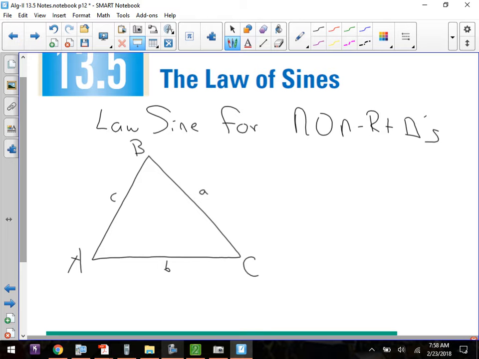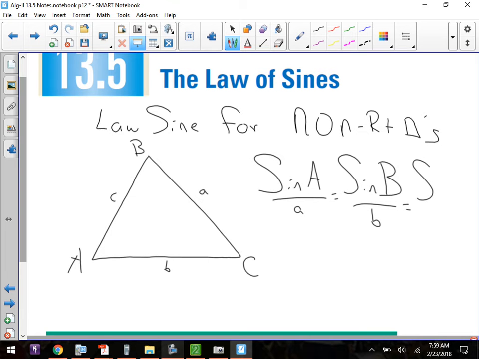And we say that the sine of angle A is to little a, sine of angle B is to little b, which is the sine of angle C to little c. Depending upon what information you have, you are basically always going to be using two out of those three ratios, whether it's A and C, B and C, whatever. And then you just wind up doing a whole bunch of cross multiplying and solving.